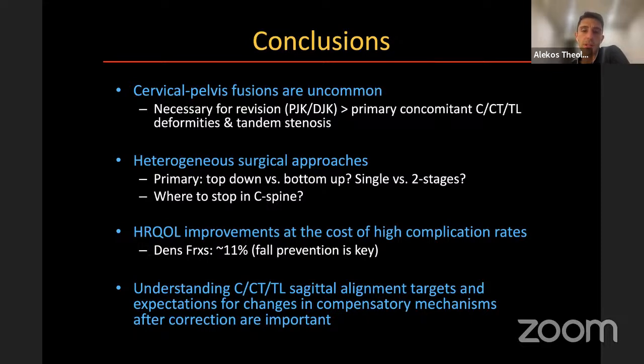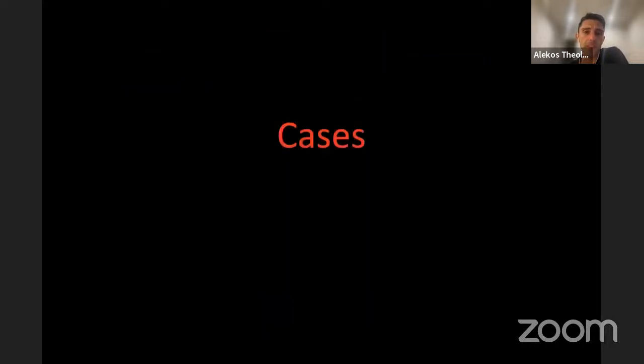Dens fractures should be something that you're aware of that can happen after this, and really understanding global sagittal alignment parameters regionally and globally, as well as understanding change in compensatory mechanisms after corrections, are important.